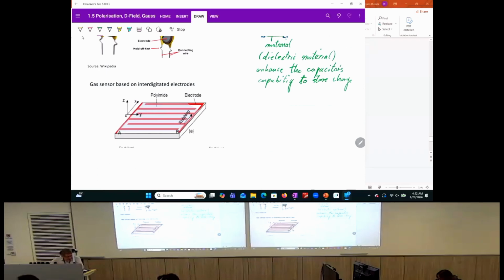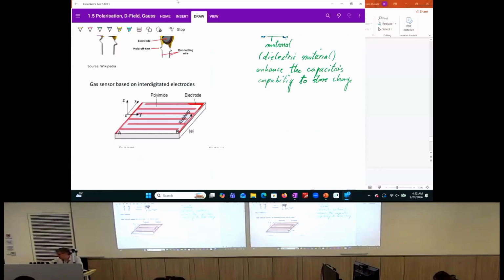So a second use case is, in the end, also a capacitor, but here we have a very special design between the electrodes. You see this is a kind of interdigitated capacitor.